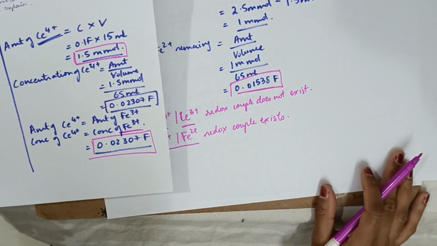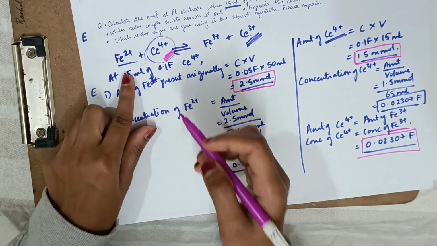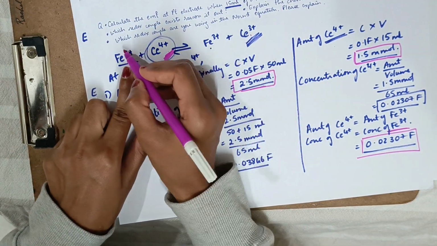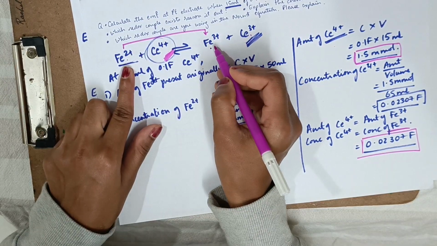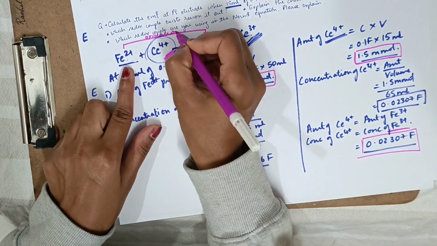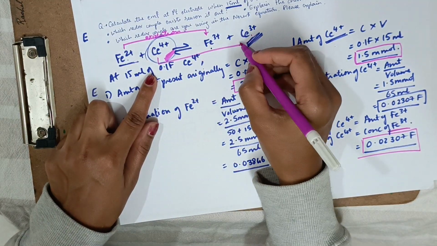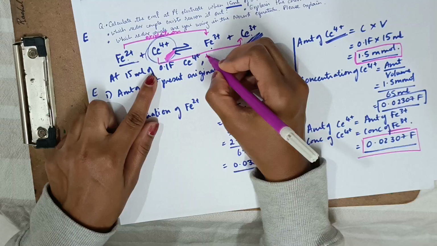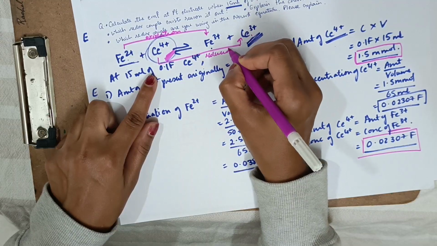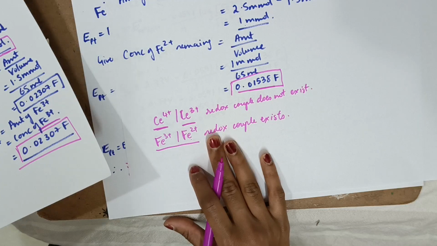And to understand the chemical equation again, Fe2+ will lose an electron and become Fe3+, which means that it is getting oxidized, it's undergoing oxidation. And Ce4+ will gain an electron and become Ce3+, it's getting reduced. Okay, so this is the chemical equation.